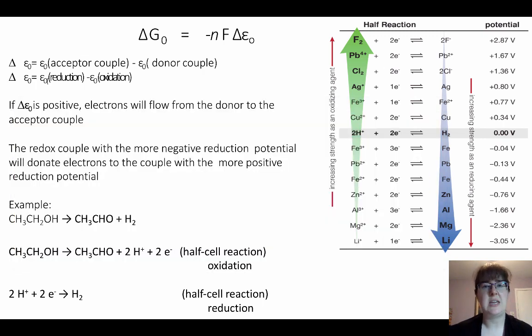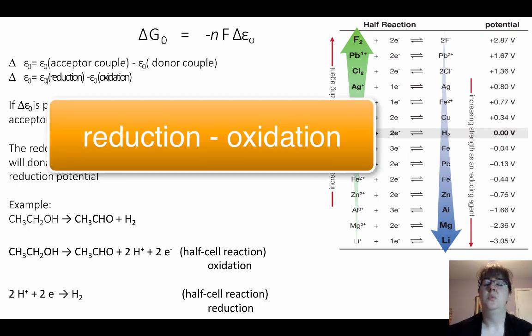At the end of the day, the easiest way to look at it is that it's the reduction minus the oxidation. When you do it this way, all you have to do is pull the numbers off of the table. So you don't do anything fancy to the numbers. You just say one of these is the reduction, that's the first number, and I'm going to subtract my oxidation. You are going to keep then whatever signs are on the table.